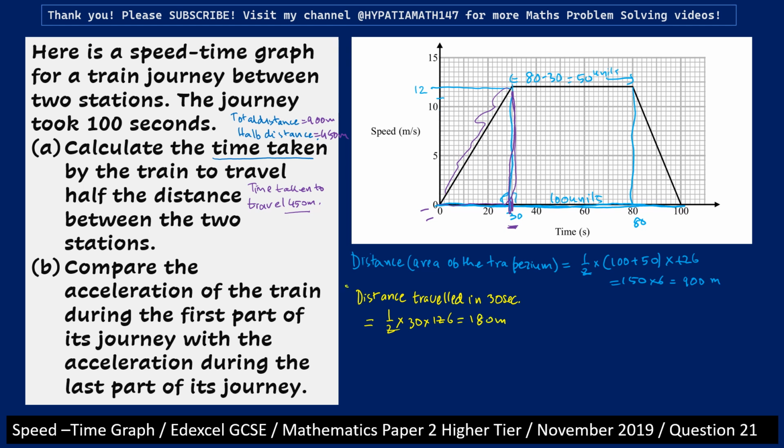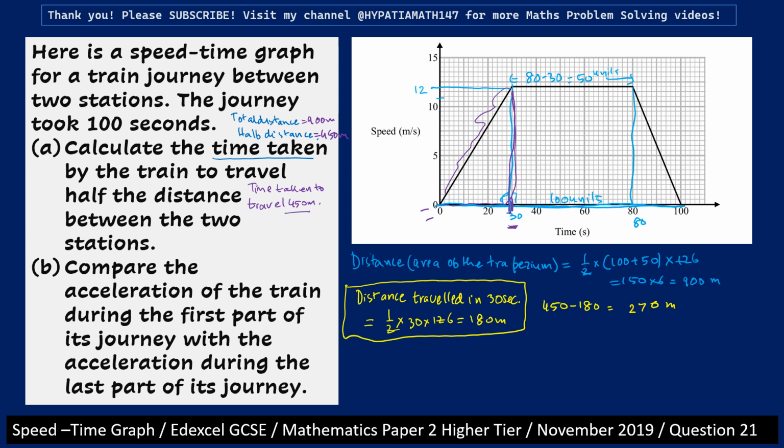So we keep this: it is 30 seconds to travel 180 meters. We need to find for 450 meters, so we do 450 minus 180, and that is 270 meters.